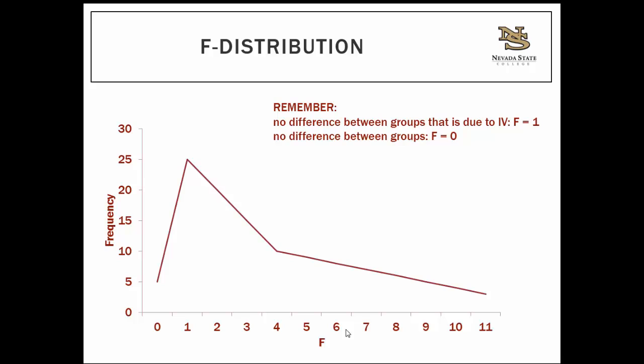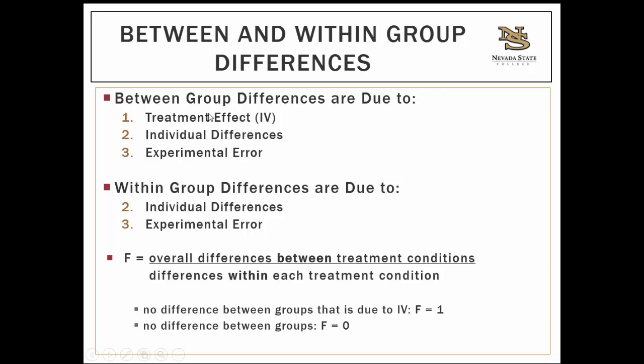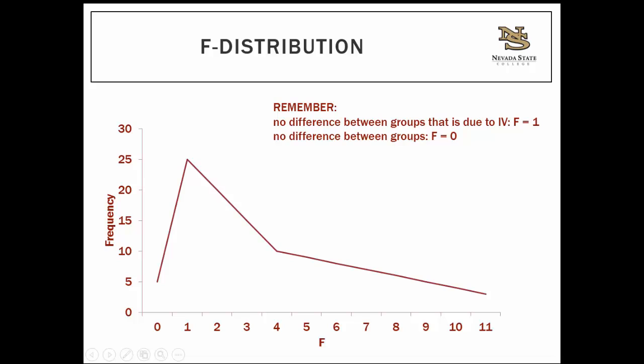So in ANOVA, the F statistic compares the between groups variability to the within groups variability to see if the between groups variability exceeds the within groups variability. Again, we are hoping that there are a lot of differences due to the independent variable, so our numerator, which includes the independent variable differences, is going to be larger than our denominator.